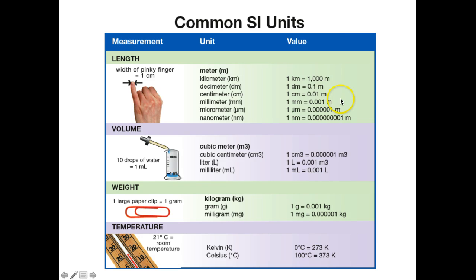Centi is a hundredth because there are 100 centimeters in every meter. And milli is a thousandth because it takes 1,000 little teeny tiny millimeters to make 1 meter. And then we've got micrometer and nanometer, and that's when things start getting real small. Micro is a millionth and nano is a billionth of a meter.